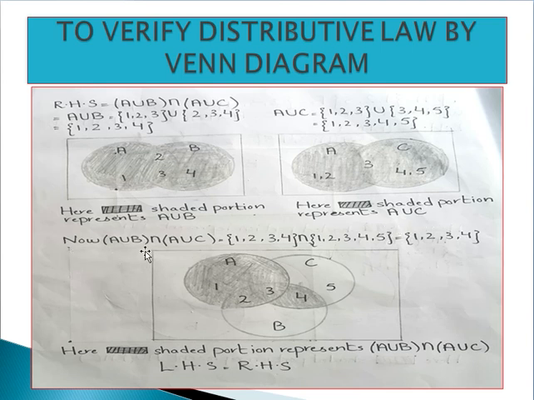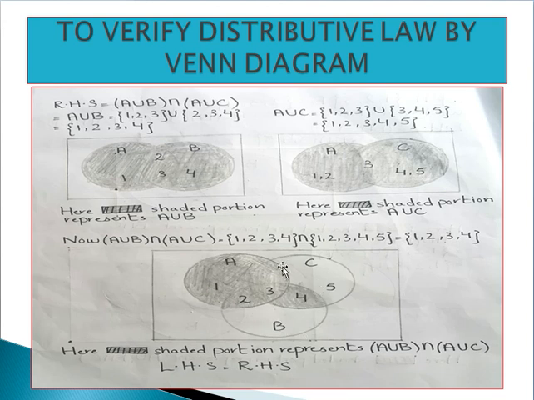Now (A union B) intersection (A union C). A union B we have already done, that is 1, 2, 3, 4. And A union C we have already done, that is 1, 2, 3, 4, 5. Now intersection means the elements which are the same, and the same elements are 1, 2, 3 and 4. In Venn diagram, A has elements 1, 2, 3, C has elements 3, 4, 5 and B has elements 2, 3 and 4.